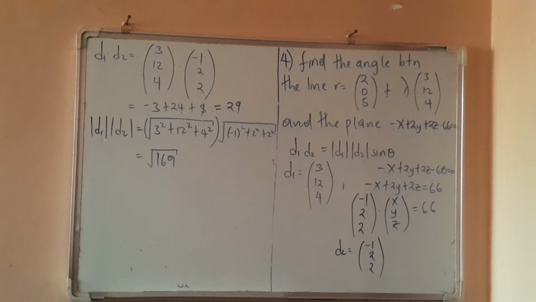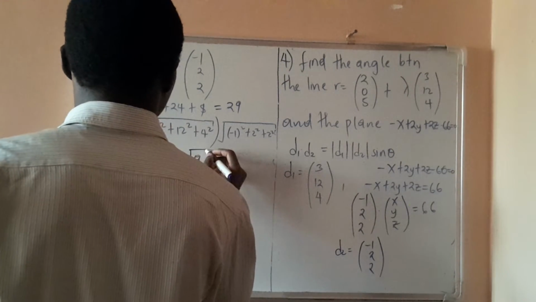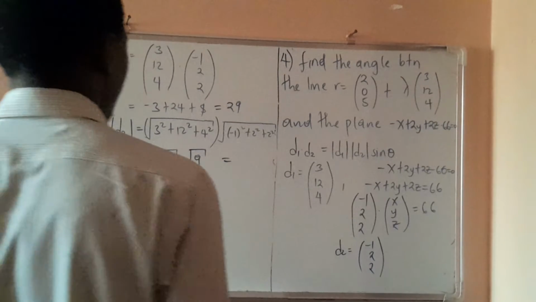This is the square root of 169, which is 13, multiplied with the square root of 1 plus 4 plus 4, which is the square root of 9. So this simplifies to square root 169 times square root 9.